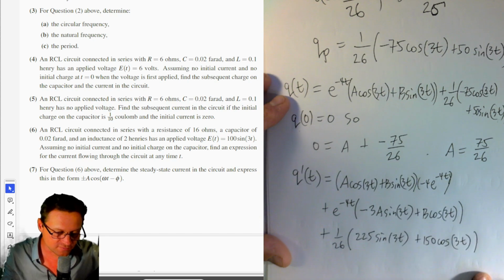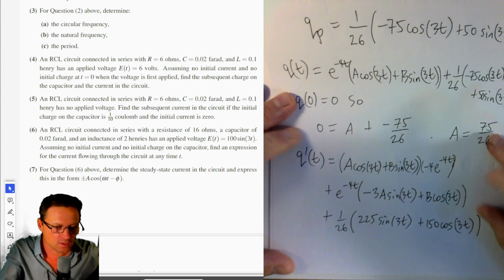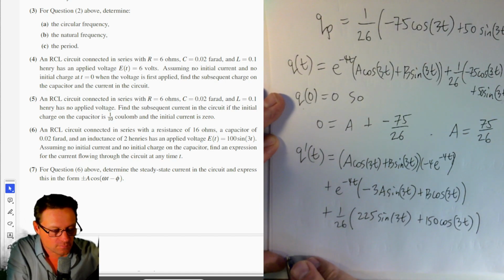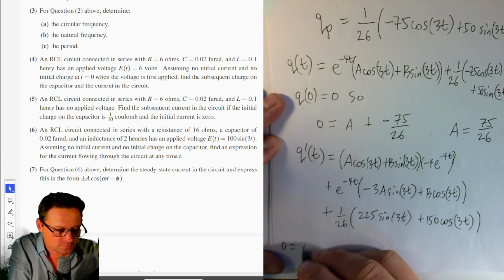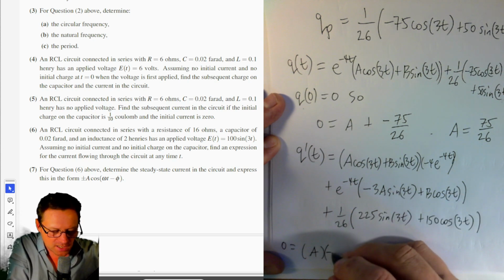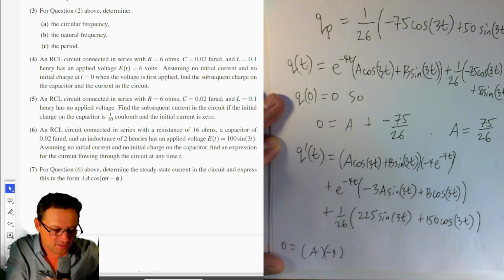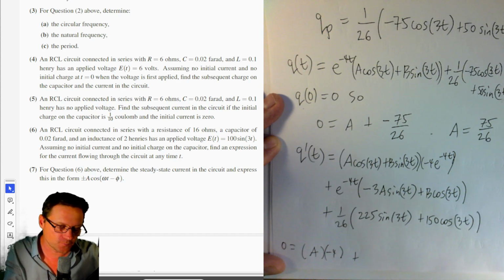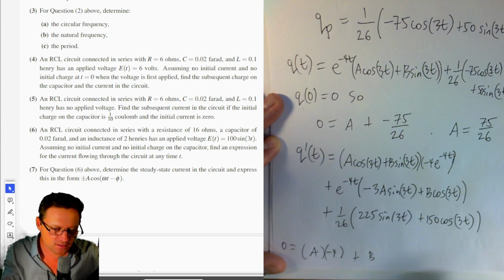So using our initial value, q dash of 0 is 0. We have then 0 is equal to a times minus 4. And then over here we have plus b for this piece.